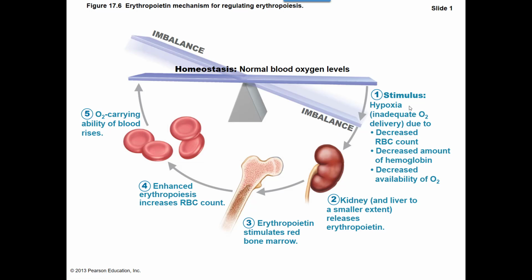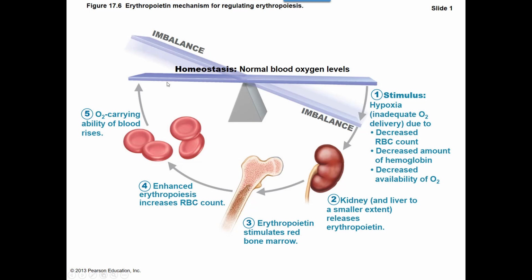The hormone will go to its target organ, the red bone marrow, where it will trigger the making of more red blood cells. And so your red blood cell count will go up. More red blood cells means more oxygen carrying capacity, and then hopefully we level back out with our normal blood oxygen levels. So we need erythropoietin to make red blood cells.